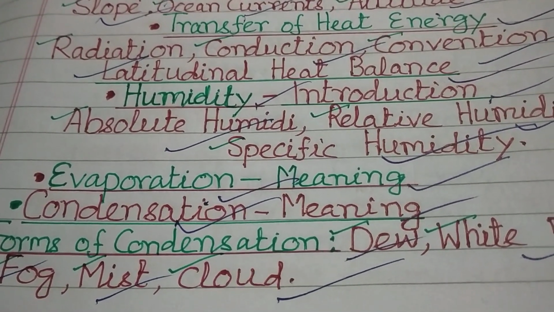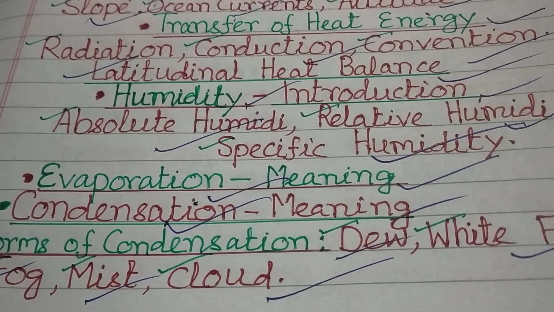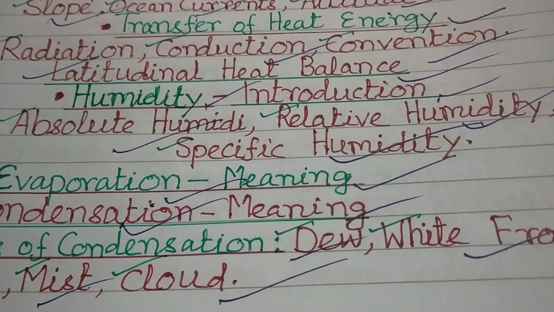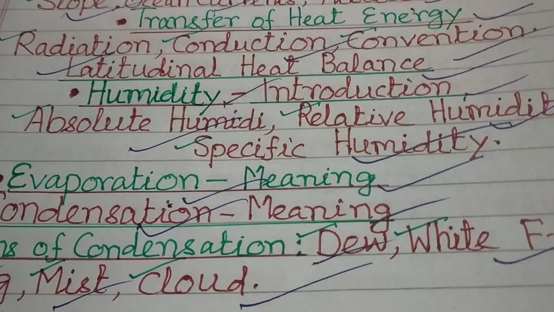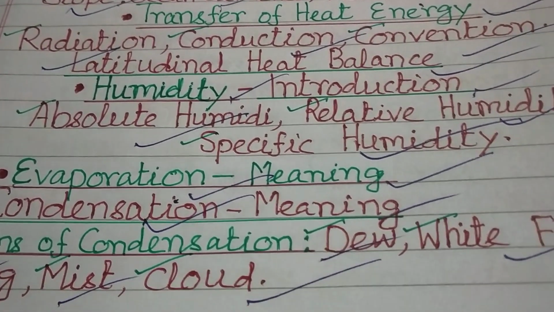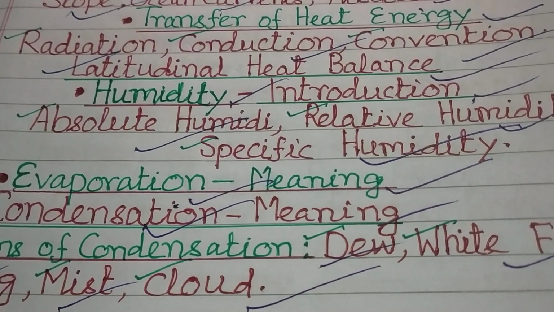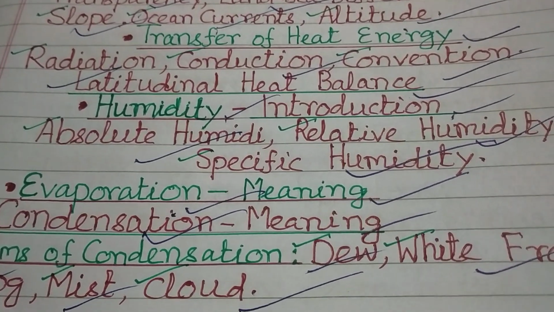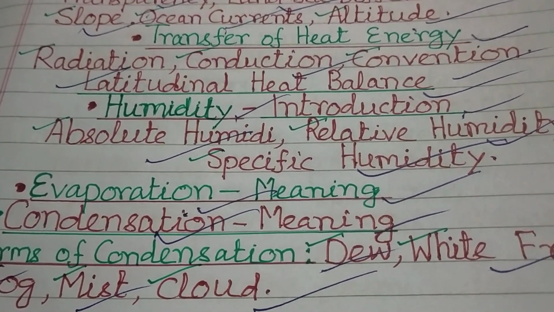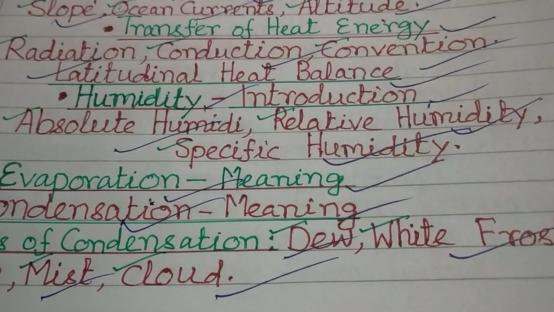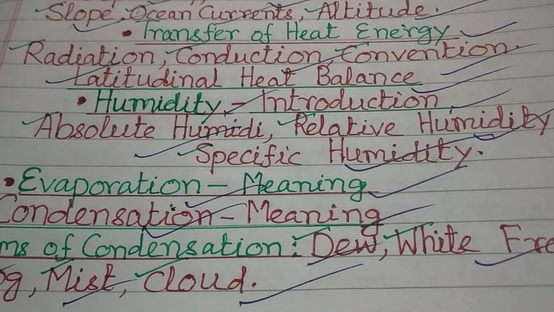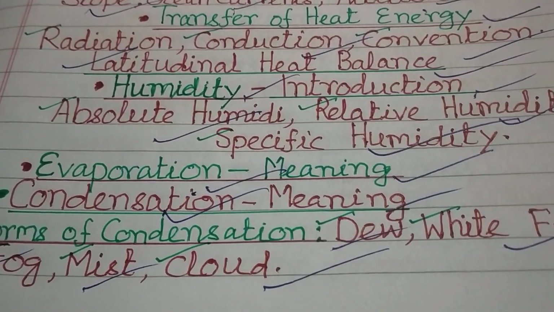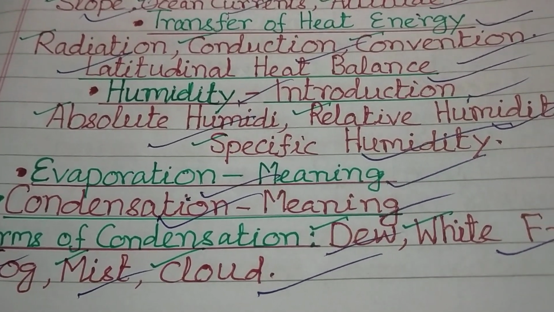Also in this lecture we have discussed what humidity means, the introduction of humidity, absolute humidity, relative humidity, specific humidity, and also the transfer of heat energy through radiation, conduction, convection, and latitudinal heat balance, then evaporation, the meaning of evaporation.